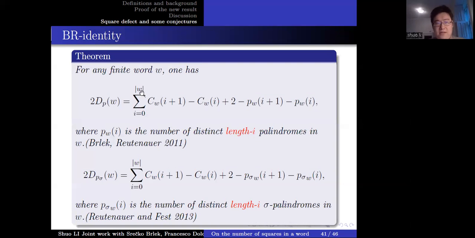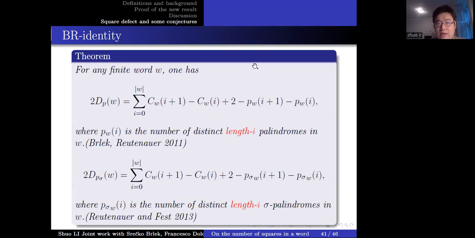In fact, when people work with this formula, it is proved that for any finite word, each term like this is positive, and it was proved by using the Rauzy graph, but not in the same way that I used.